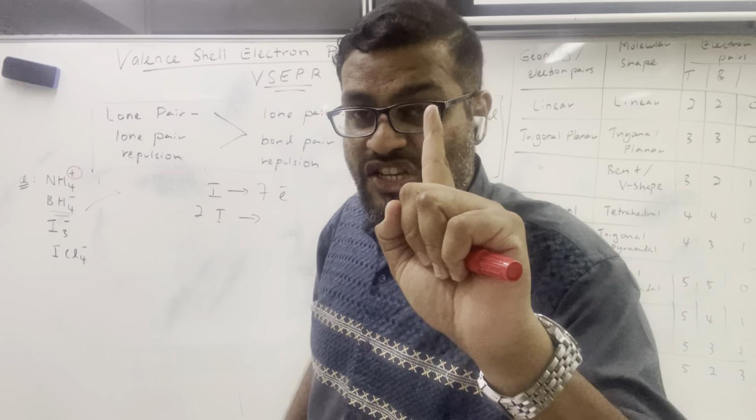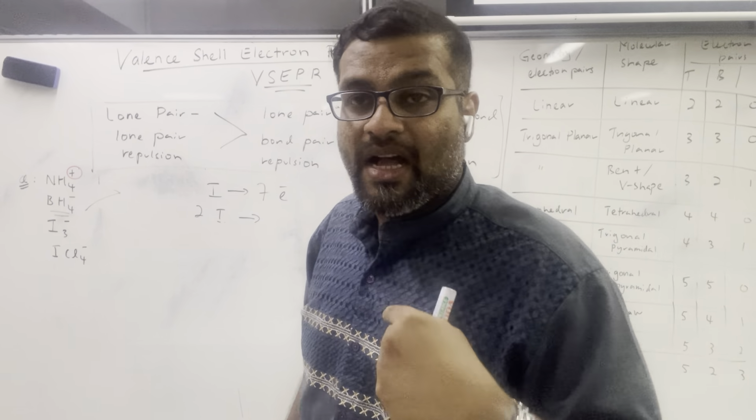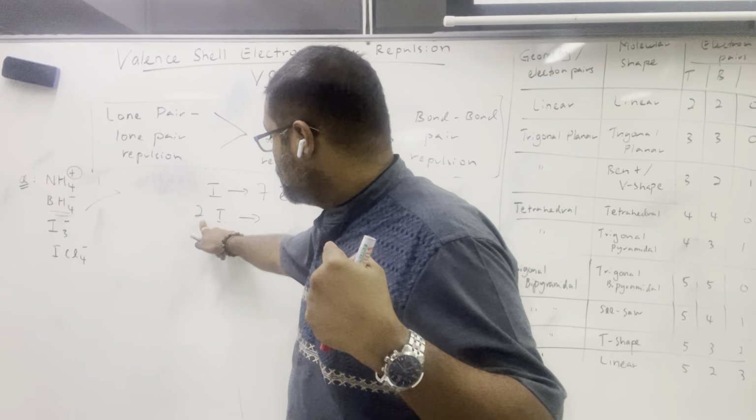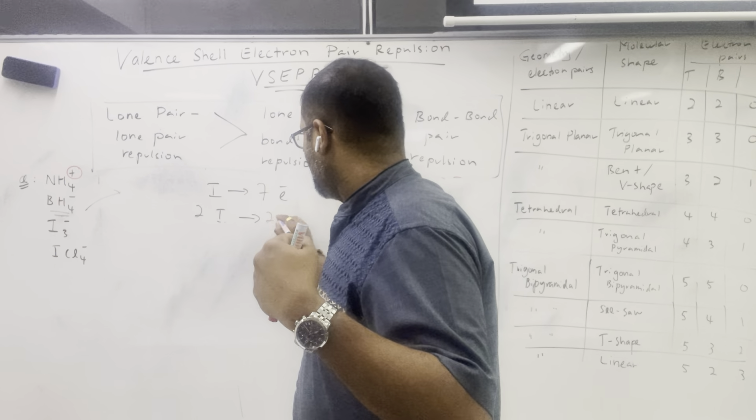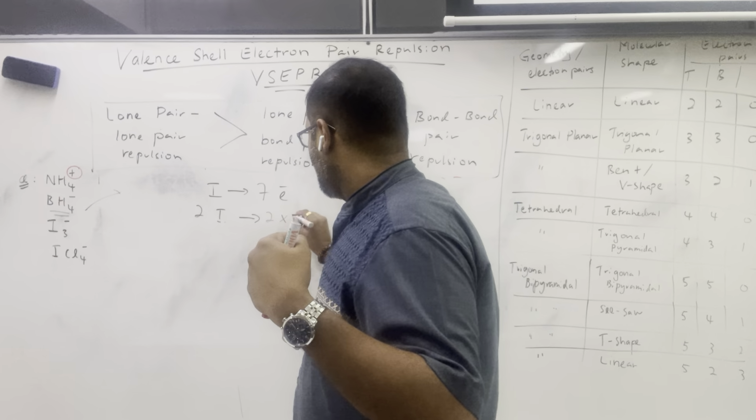That means each iodine requires 1 electron to become an octet. So we have 2 atoms of iodine, 2 multiplied by 1 electron, which gives you 2 electrons in total.